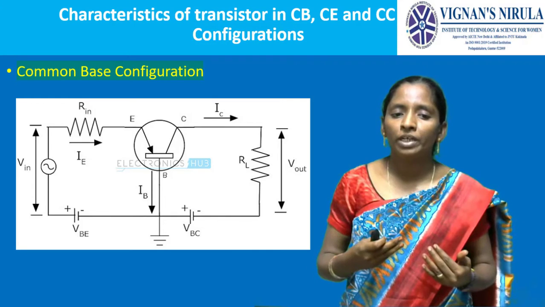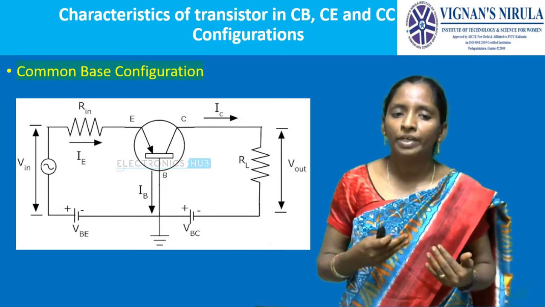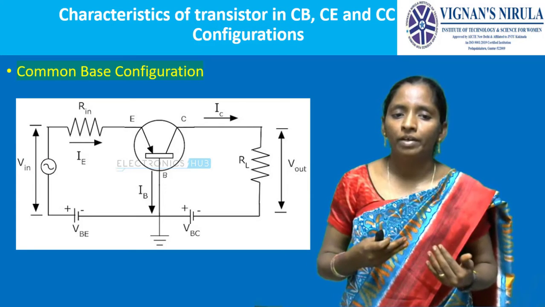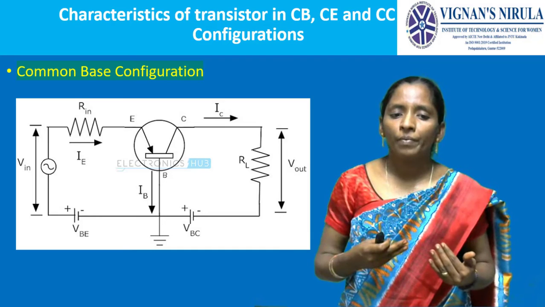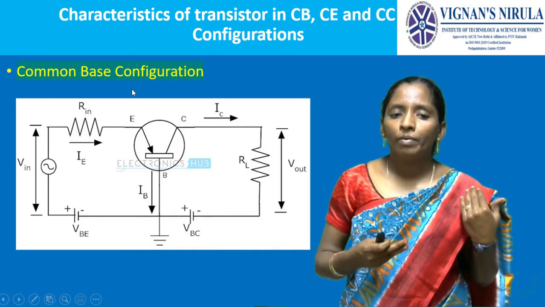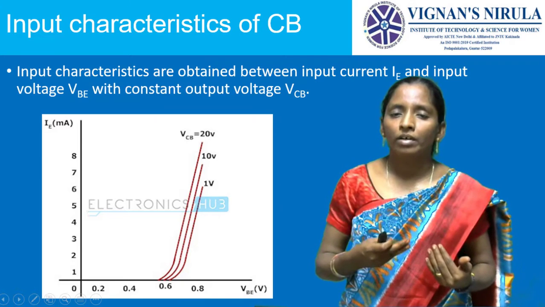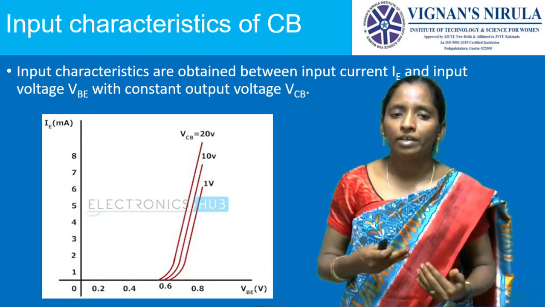By using a voltmeter, vary the input voltage VBE and note down the corresponding input current, that is IE. For different values of VBE, for every point you have to record the value of the emitter current.